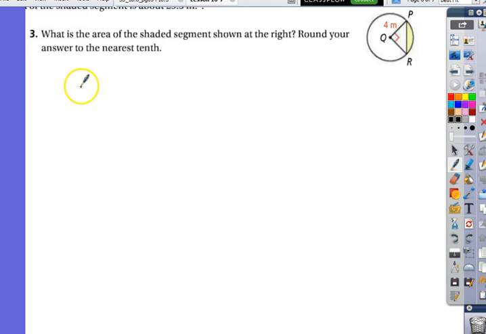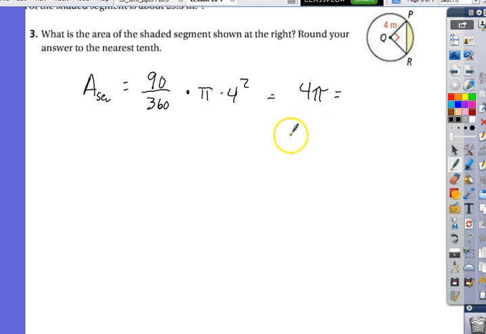So the first thing I did was I found the area of the sector. So the area of the sector was equal to, what's that degree angle? 90 over 360 times pi times 4 squared. So that's going to be 4 pi, which when I plug that in is 12.566.